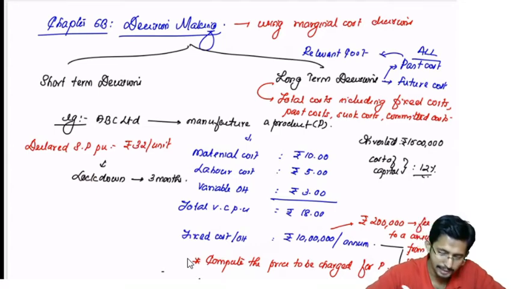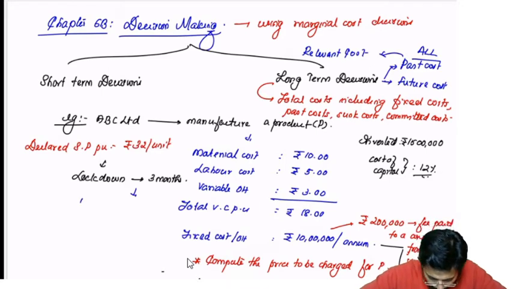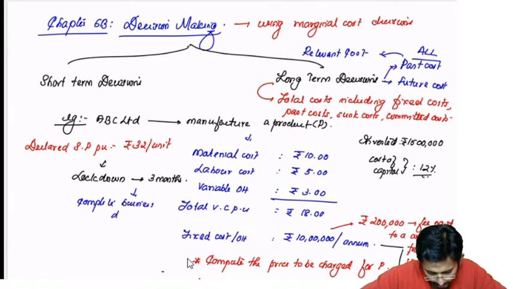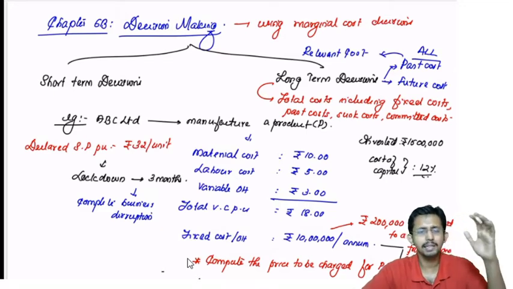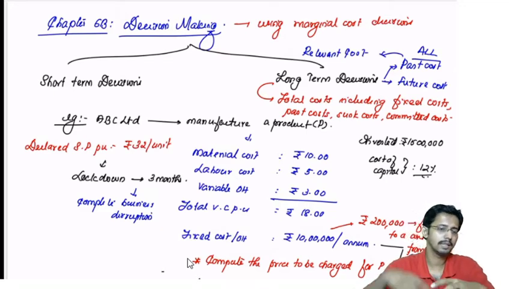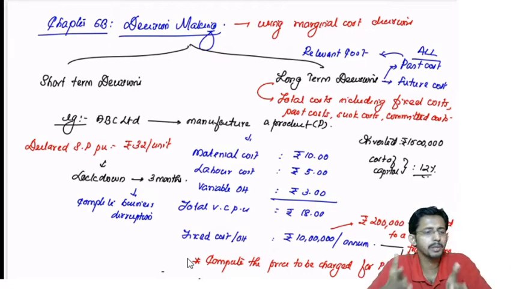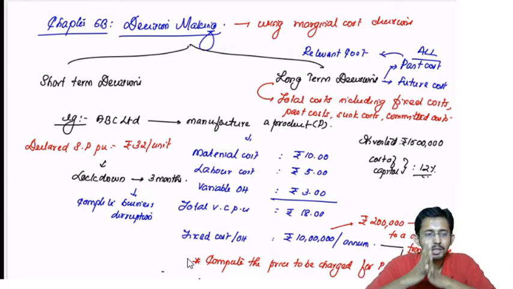It is expected that for these 3 months there is going to be complete business disruption. Your demand is going to come down, employees are not able to come, a lot of issues are going to come. Your cash flow is also going to be affected badly.